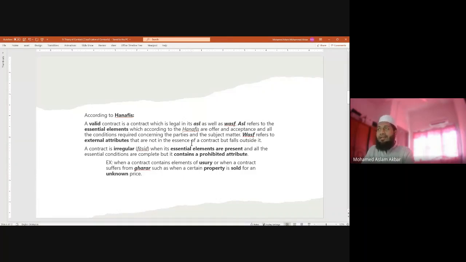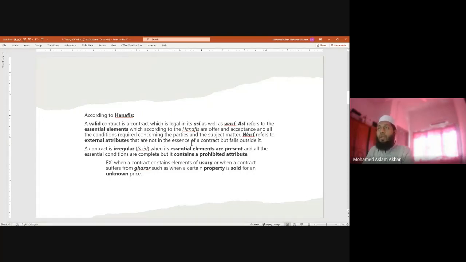So now they said there is an asal and there is a wasaf. Wasaf refers to external attributes, right? The external attributes that are not in the essence of a contract, but fall outside of it.